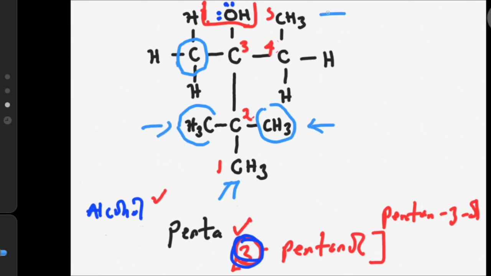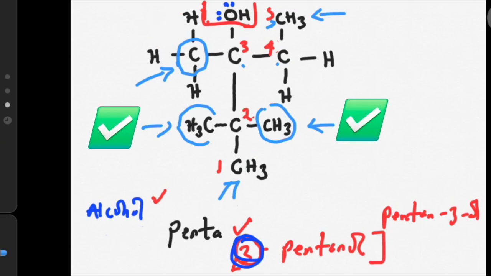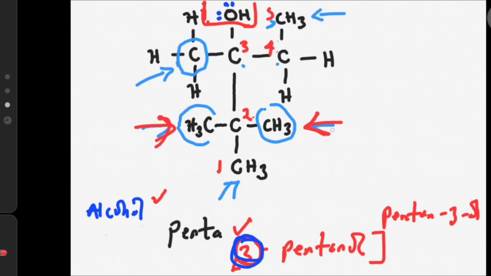Now, if I should start counting from this end to say that this particular carbon is 1, and here is 2, and here is 3, it means that the shortest distance to the substituent is also going to be 3 here. But then, look at this. There's another substituent here. But then, we are not going to consider this one because this other substituent is on the second. Can you see? The double substituent here is on the second carbon.